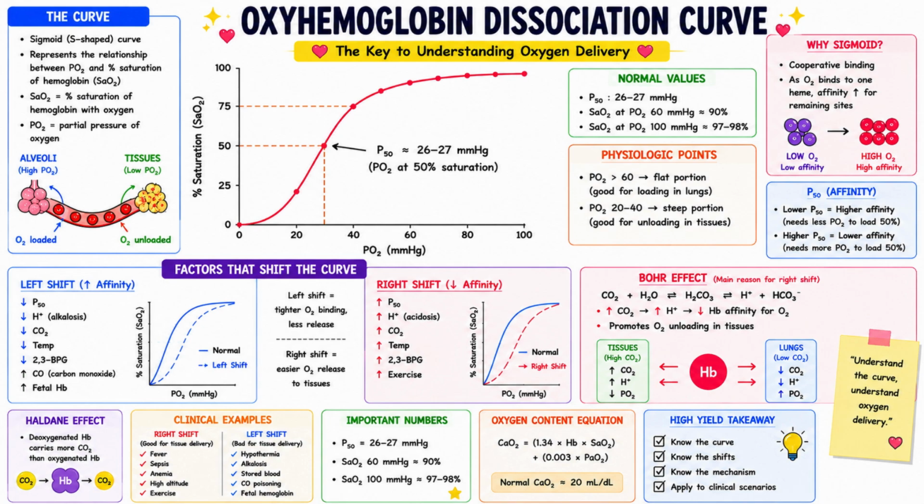Left shift, cold, alkalotic, CO, fetal hemoglobin, methemoglobin, impairs tissue oxygen delivery. Stored blood loses 2,3-DPG. Left shifted immediately after transfusion. The plateau protects saturation, but masks a falling PaO2.